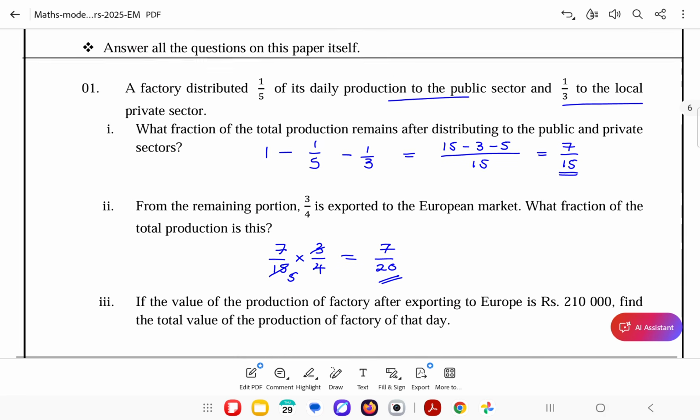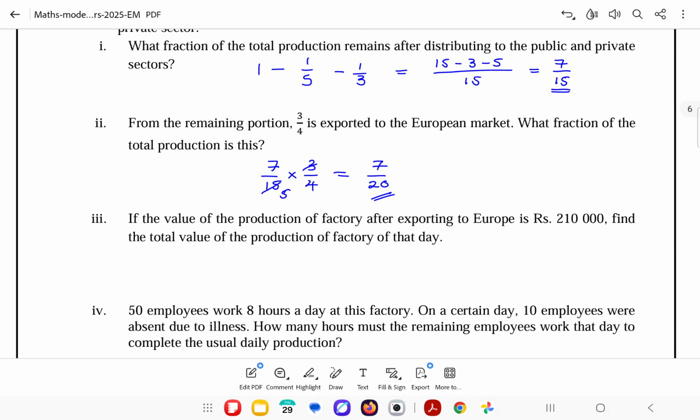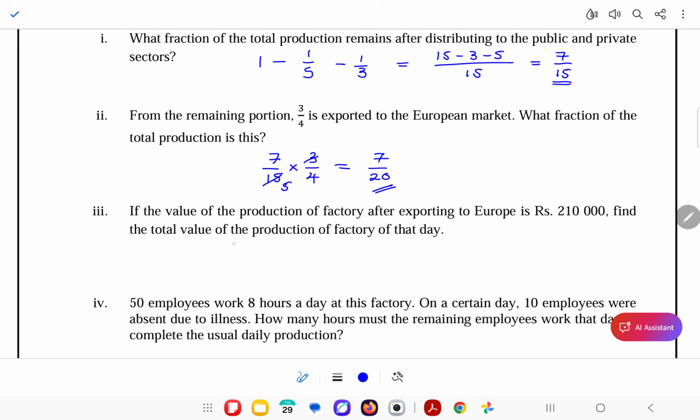Right, let's see. So 210,000 is the remaining amount after exporting to the European market. That means what is the remaining amount?